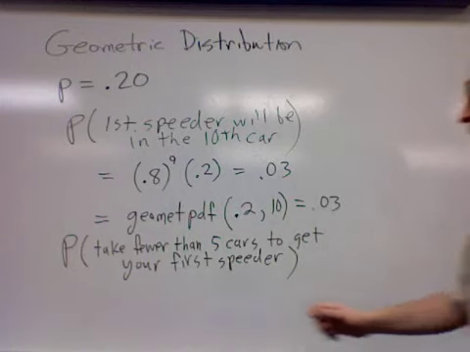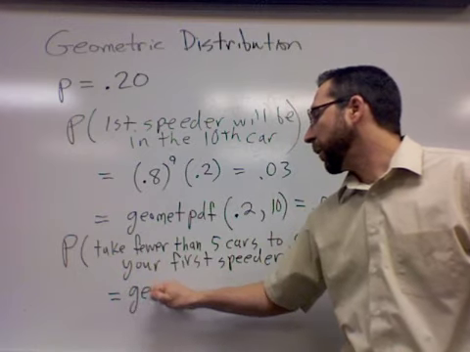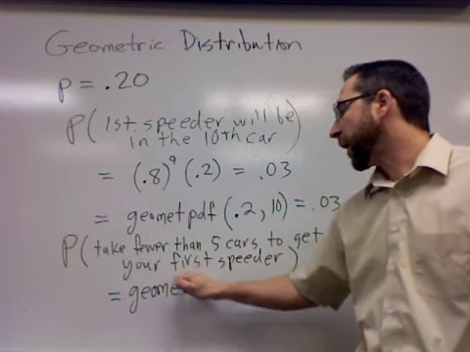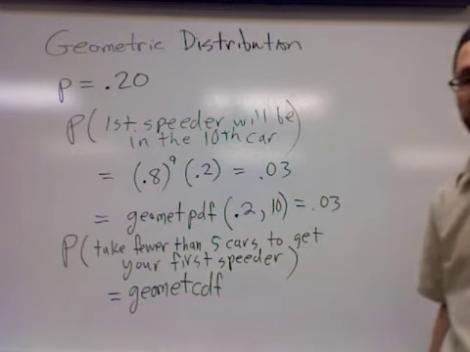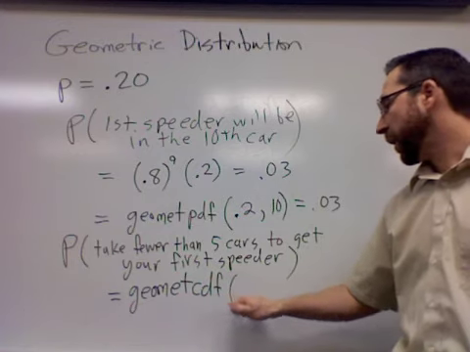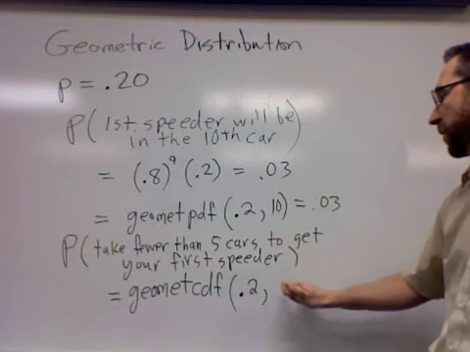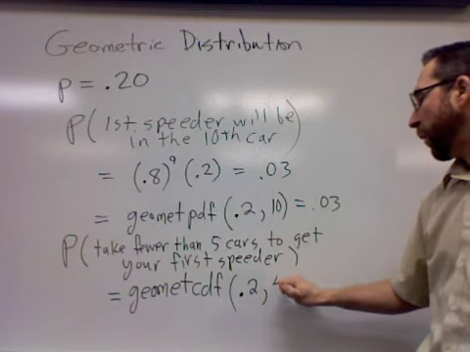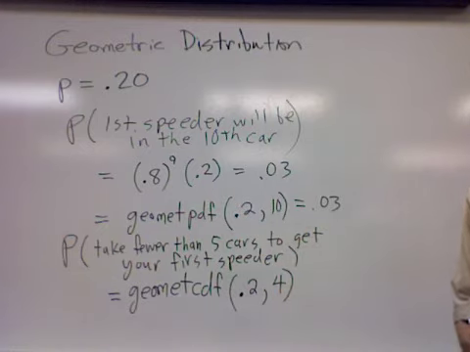You again would type into the calculator to get this very quickly. You would type in, under the same menu on the calculator, Geomet CDF, the cumulative geometric command, and you would type in 0.2, which is the probability of success, and we want 4 or under for the number there.